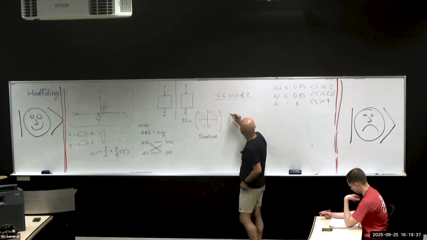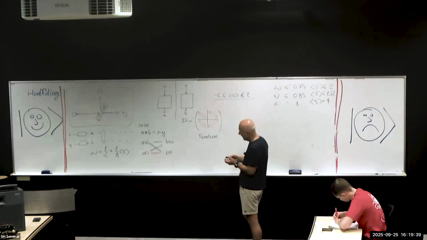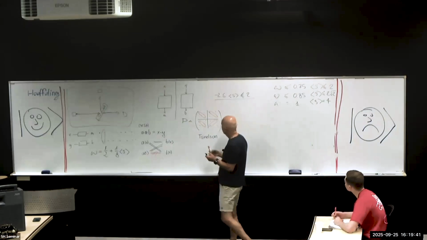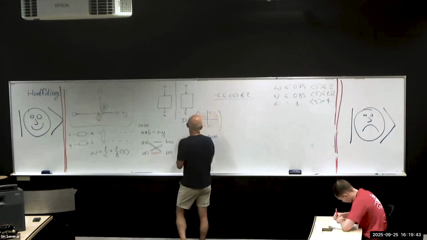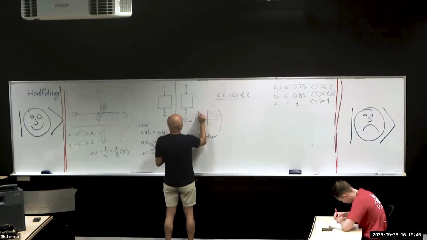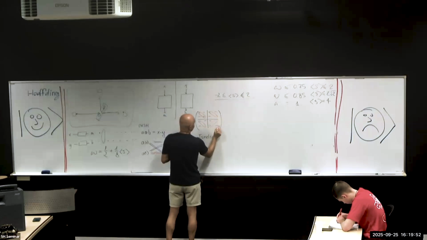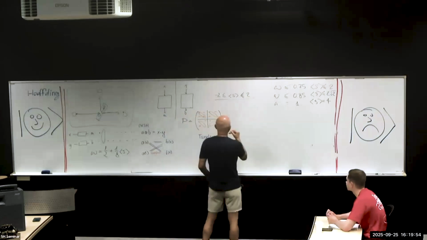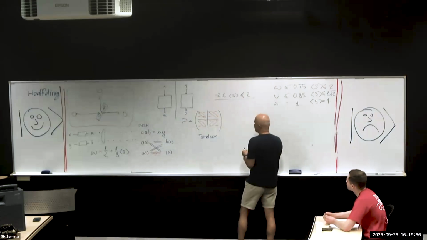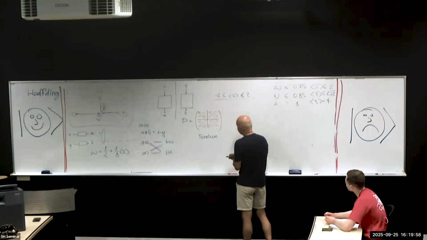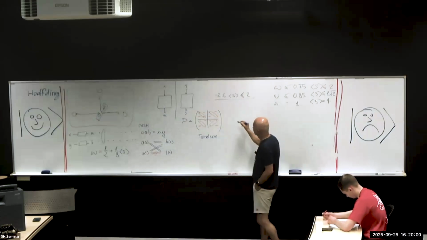And how do you get S? Well, you get S by having omega with plus here, and adding those other terms as well, but with a minus sign. So in other words, let me write this way.